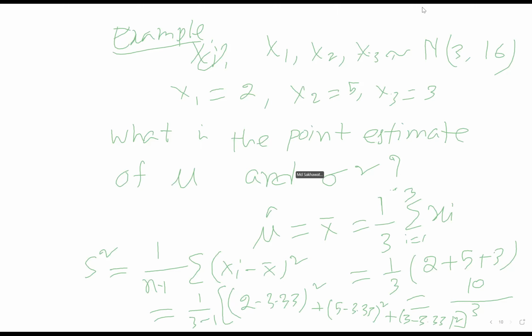I'm not sure whether this is the correct answer or not. You can check by using a calculator to simplify this one. If you get 2.33, then that will be the correct answer.